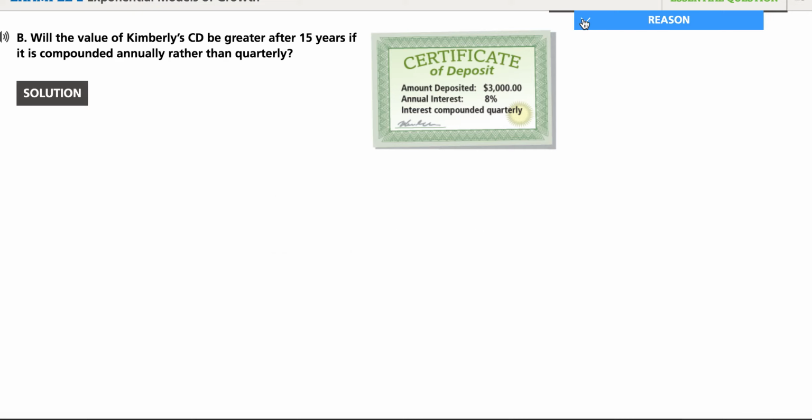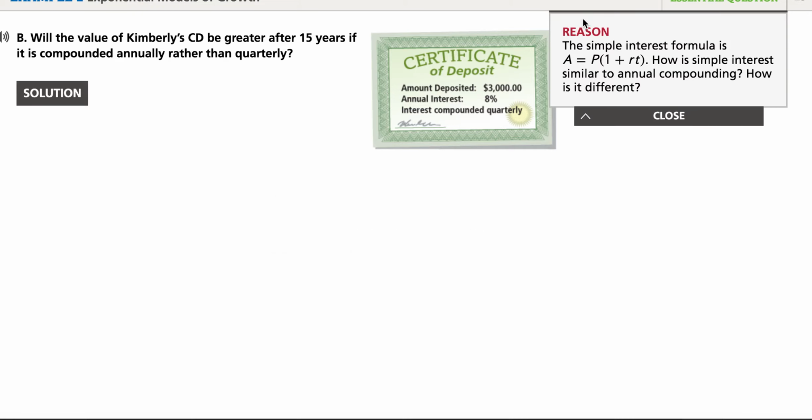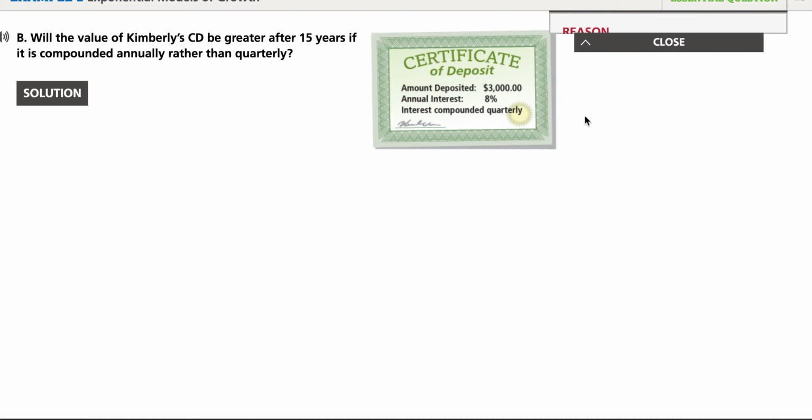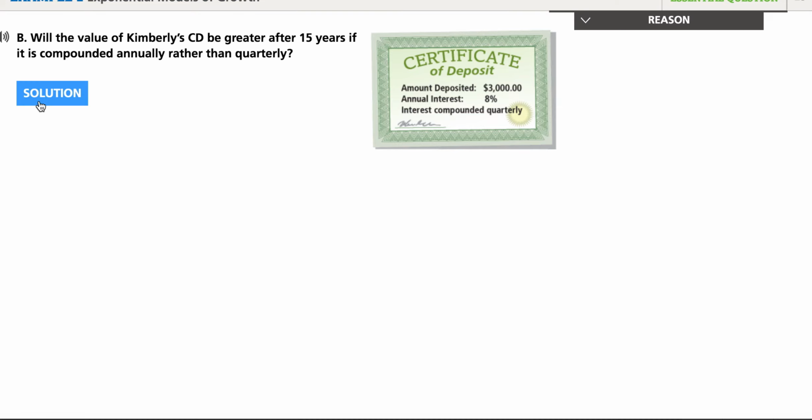Okay, reason. The simple interest formula is A equals P times 1 plus R times T. How is simple interest similar to annual compounding? How is that different? Let's see what the solution tells us. As you see, we are continuing from the previous problem, with the same information, just now calculating compounded annually rather than quarterly.